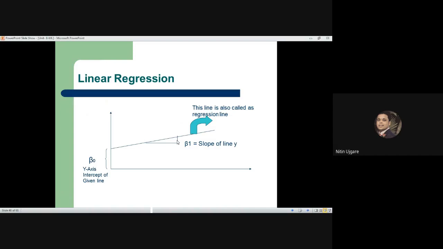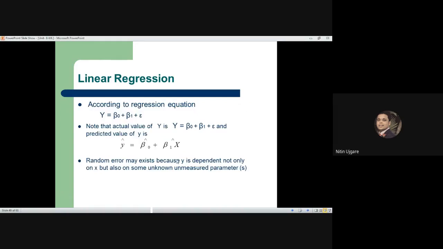We know that the linear regression line is used to predict the value of our dependent variable based on the model parameters beta 0, beta 1 and the independent variable x. According to the regression equation, the dependent variable y is calculated as beta 0 plus beta 1 x plus epsilon. Note that the actual value of y is represented using this equation.